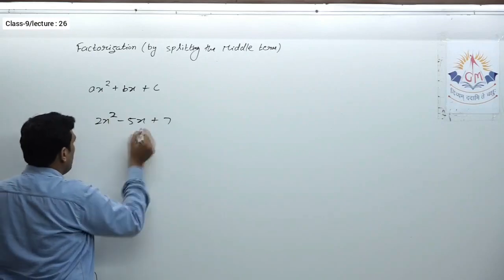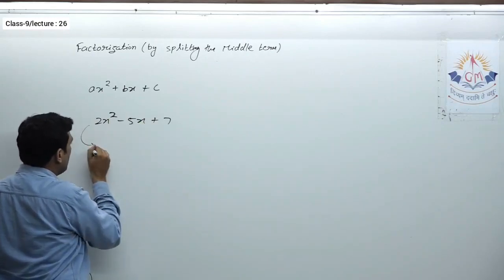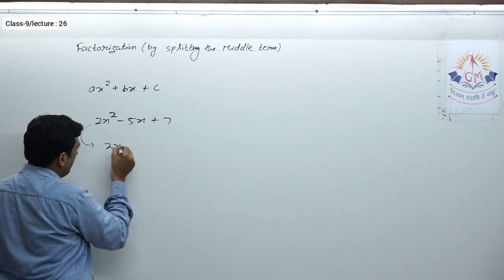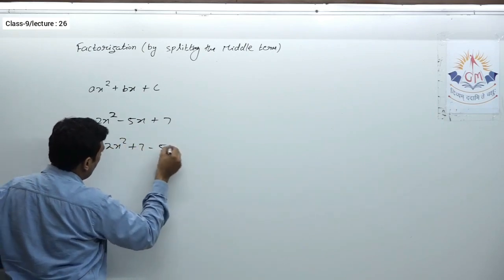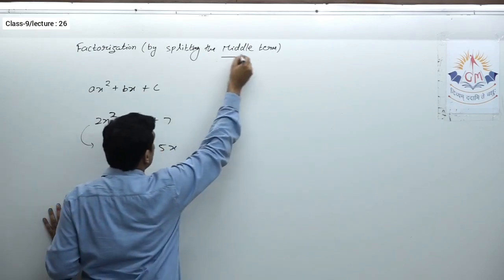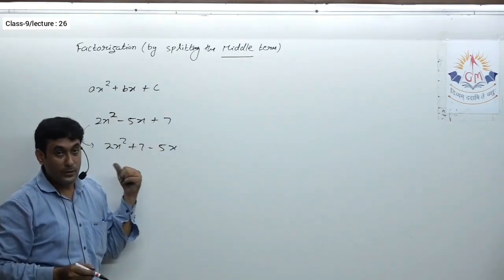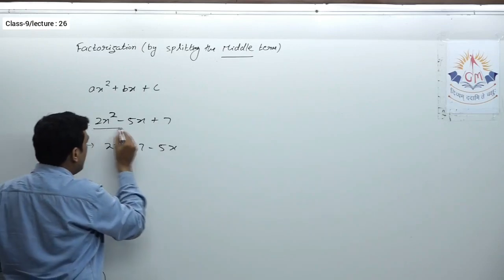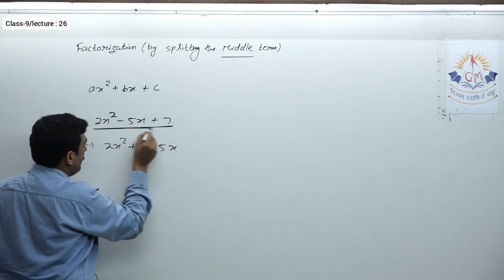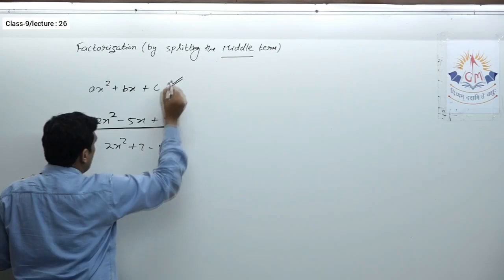Now suppose instead of this I write 2x square plus 7 minus 5x. When I say middle term, that does not mean the term which is in the middle. It means when we write the expression in standard form.